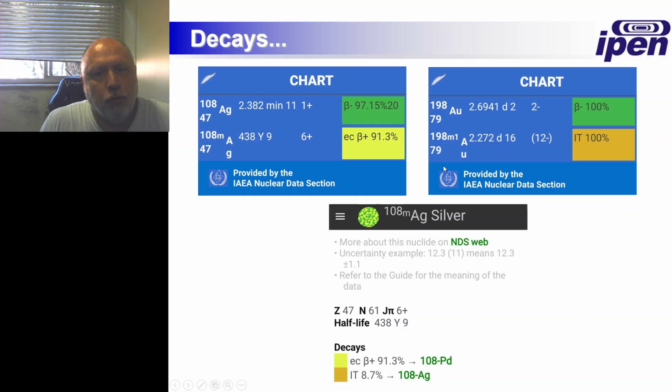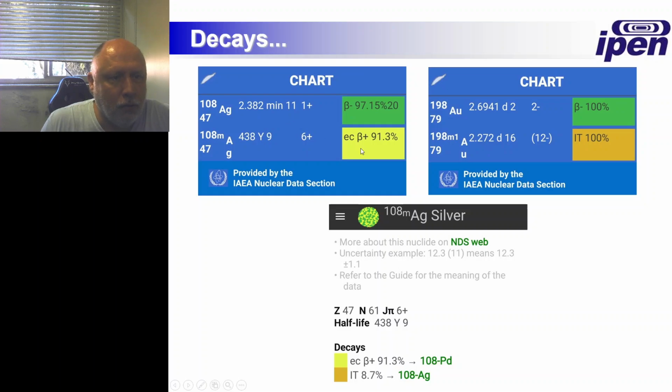Another thing is, for instance, if you look at gold 198, right? Gold 198 has a fundamental state with 2.7 days half-life and an excited state with 2.2 days half-life. The first one decays by beta minus, and the second by IT, which means internal transition, meaning gamma rays.